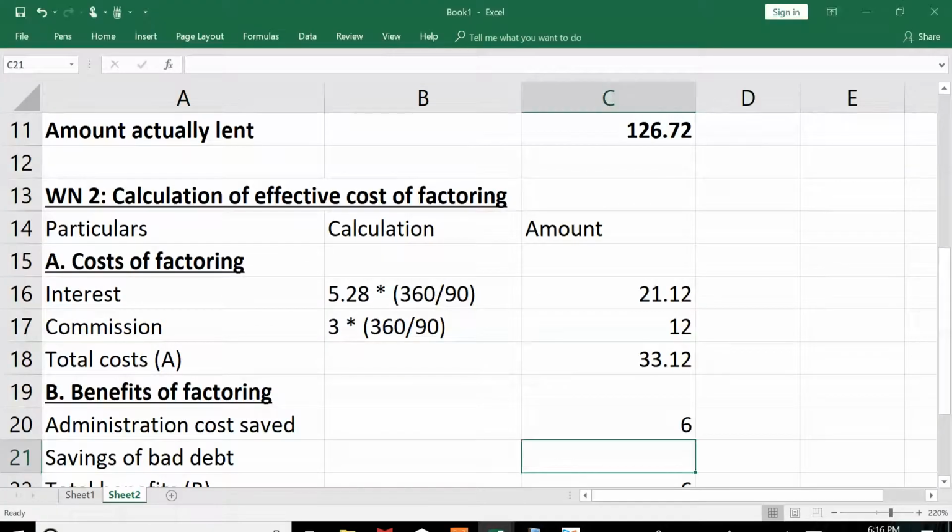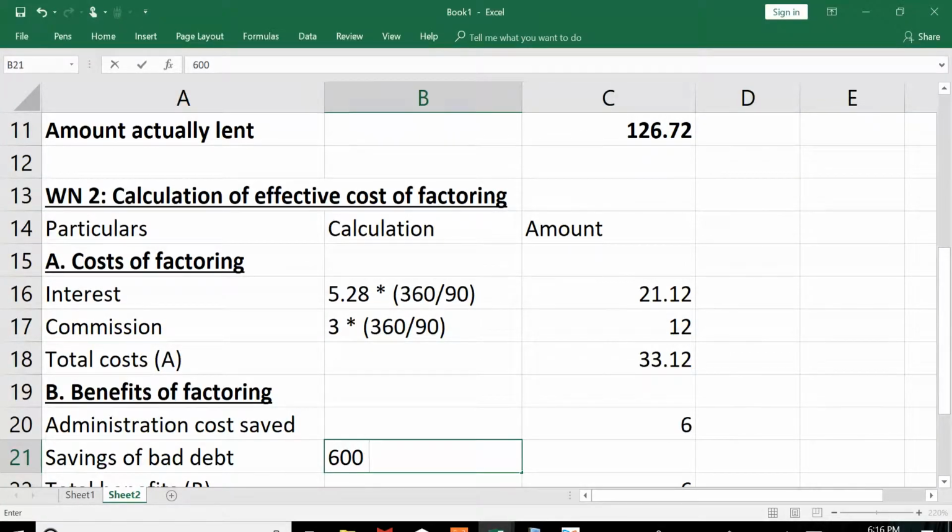So 600 lakhs into 1.75%, and what you end up saving is 80%. So 600 into 1.75% into 80%.